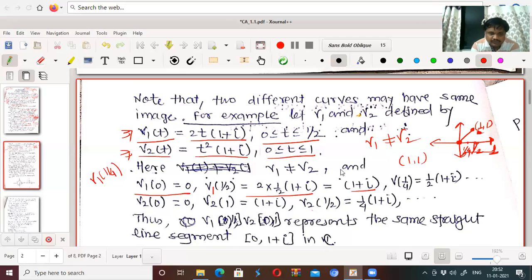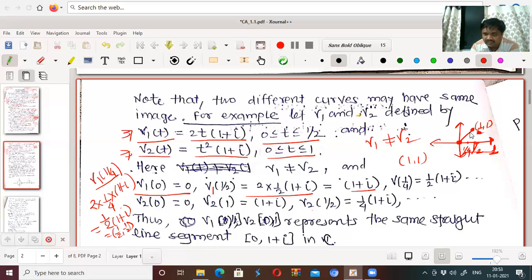Now gamma 1 at 0 is 0, so this point is on the curve. Gamma 1 at 1 by 2 is 1 plus i, that is 1 comma 1. If I find gamma 1 at 1 by 4, it is 2 times 1 by 4 into 1 plus i, that is 1 by 2 times 1 plus i. Means you will get 1 by 2 comma 1 by 2 somewhere here.